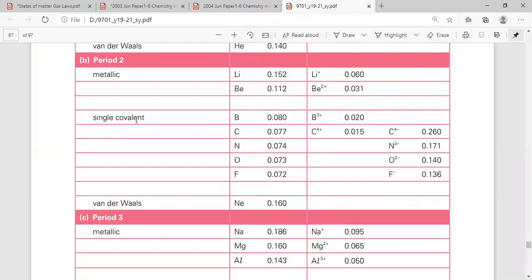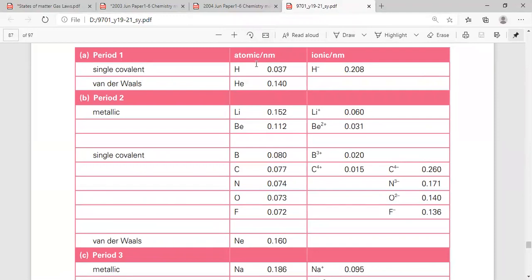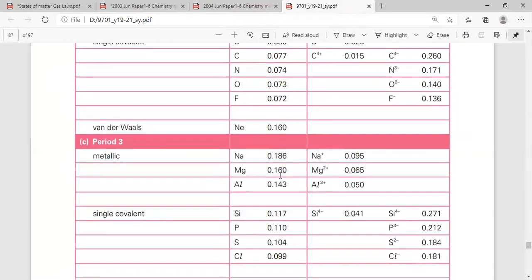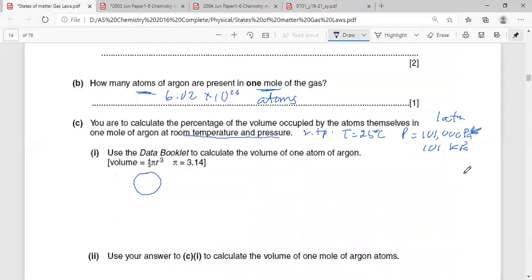You need to know how to use the data booklet. Atomic radii, I mean the radii in nanometers. Argon is here, 0.190. I can see the marking scheme put 0.192, depending on the data booklet they give you. So let's say 0.192, because the marking scheme has 0.192.